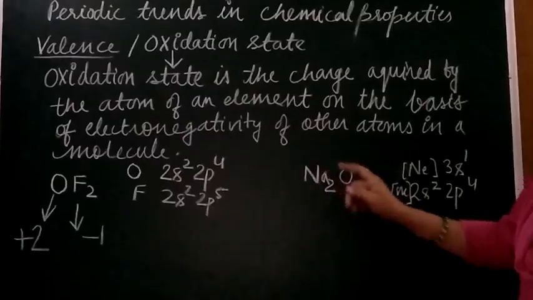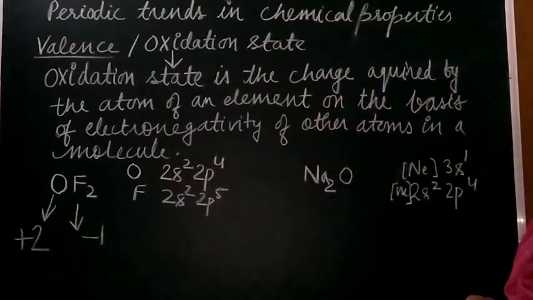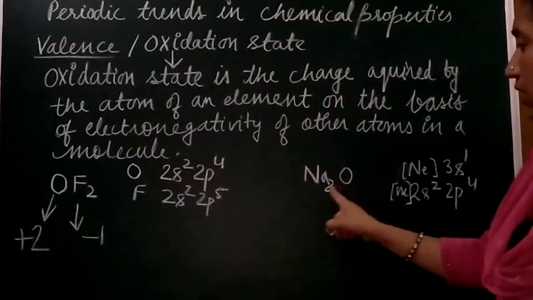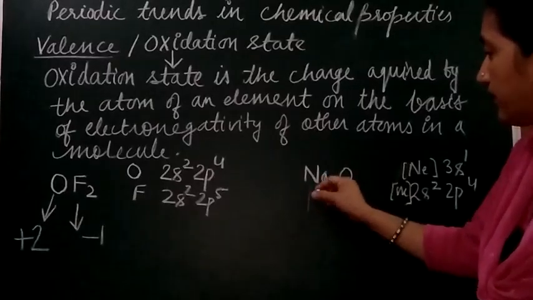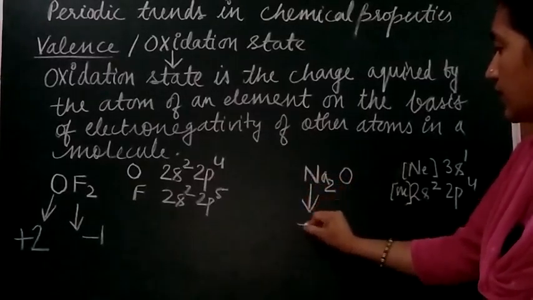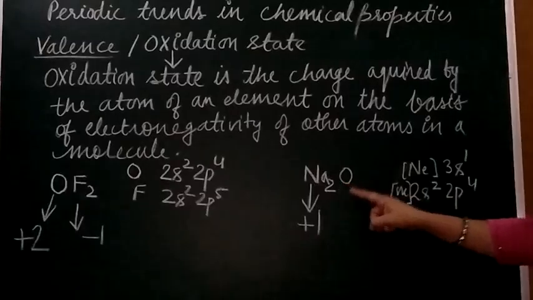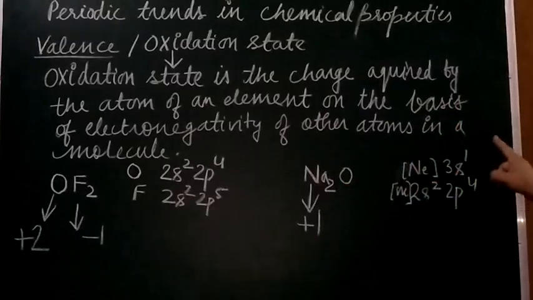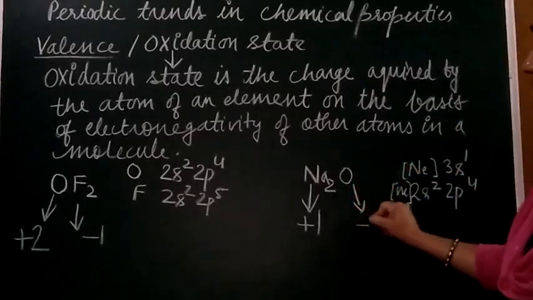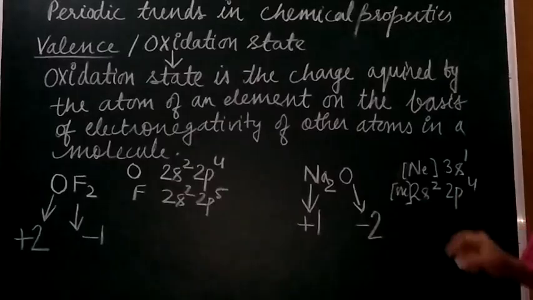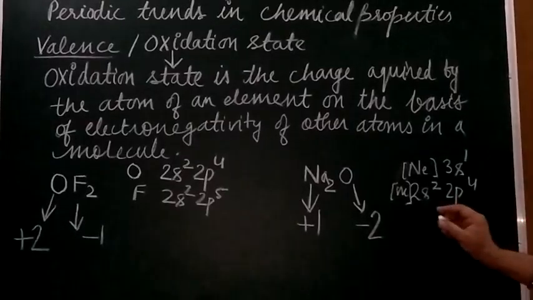So the oxidation state, which is based on the electronegativity of the other atom present, will be +1 for sodium, because the two sodium atoms are going to lose their electrons to oxygen, and oxygen is going to accept 2 electrons and get the charge of -2, right students? Hope this is clear to you.